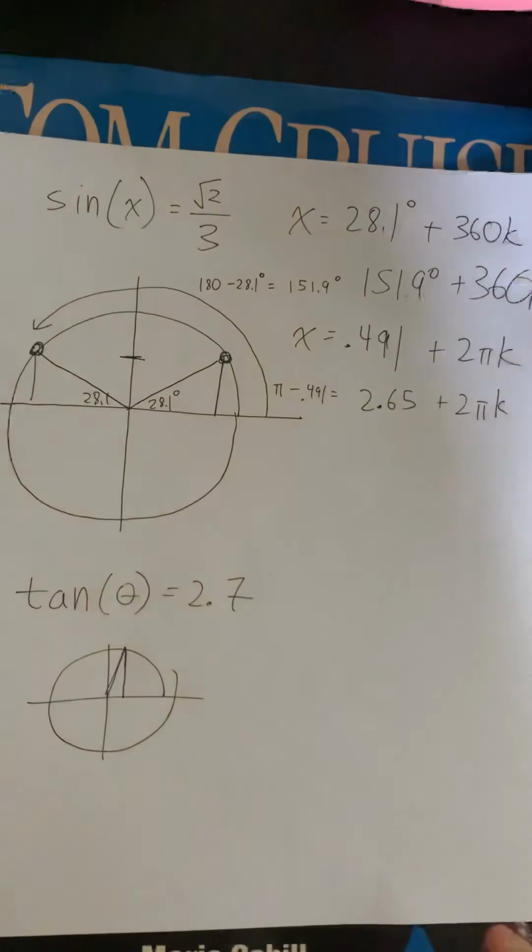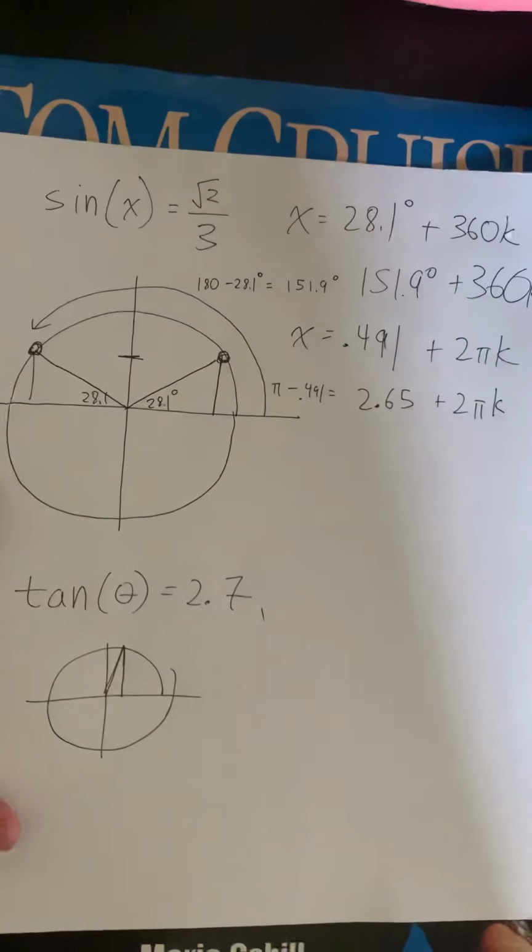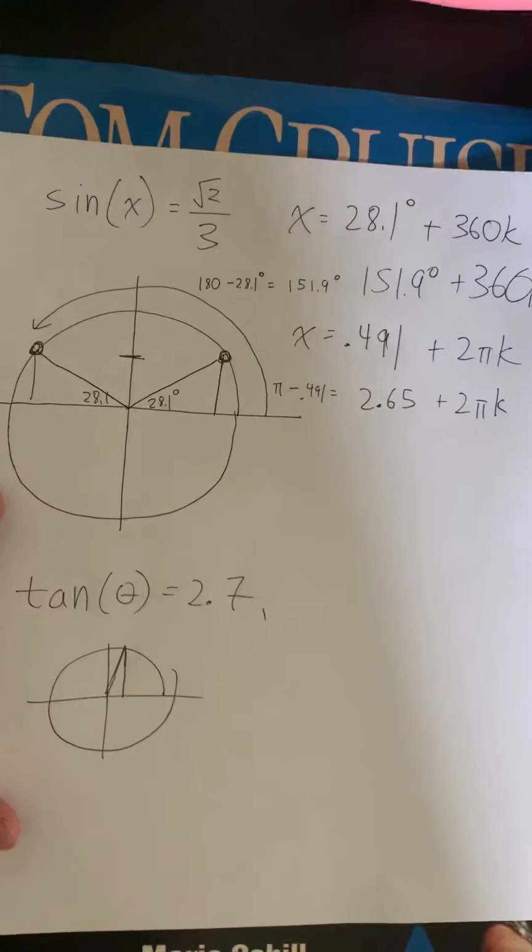Now, I'm going to add a little detail to this one. We call this detail a domain restriction. Sometimes they won't want infinite answers, and instead they'll restrict your answer to between 0 and 360 degrees, or between 0 and 2 pi.